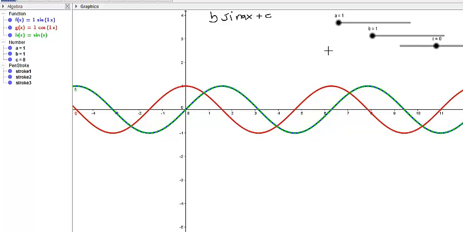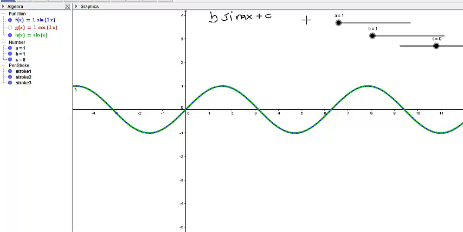Okay, now let me clean the cosine function here. Only the sine function is here, and 1 times sine 1x is equal to sine x, normally. Okay, when I change the a value, how is it affecting?